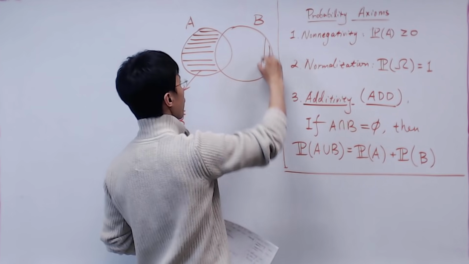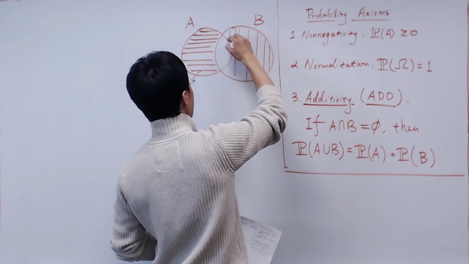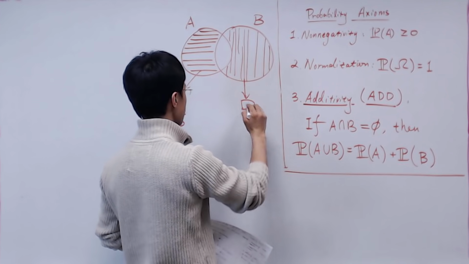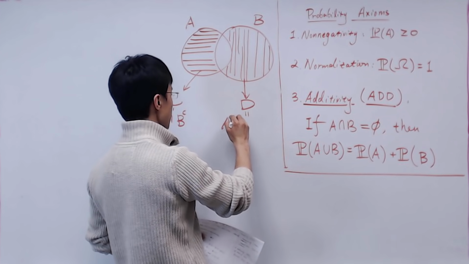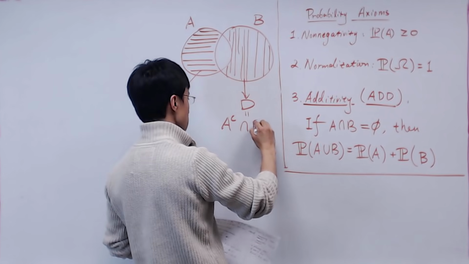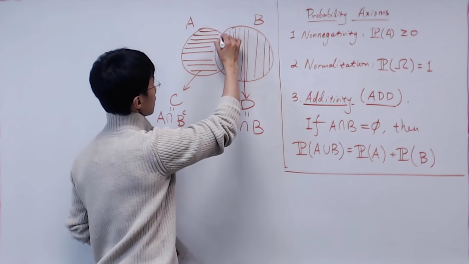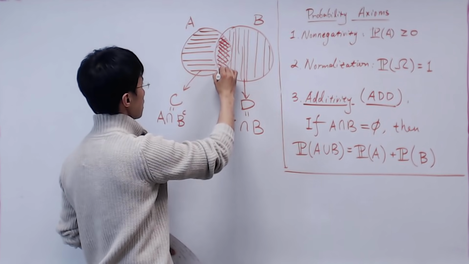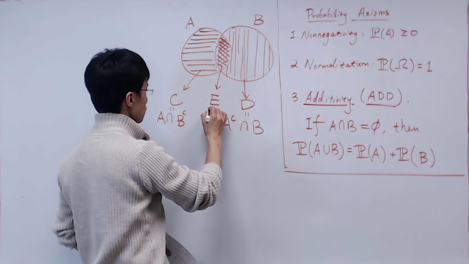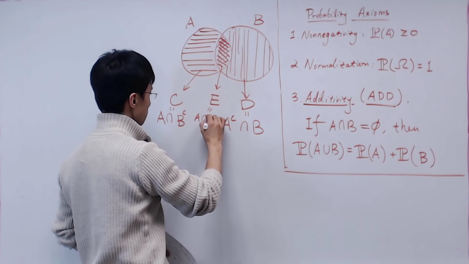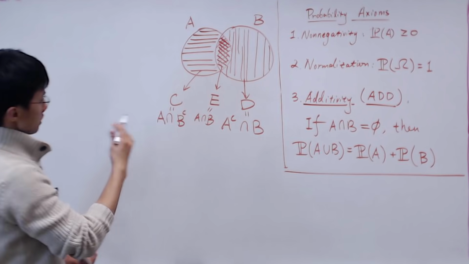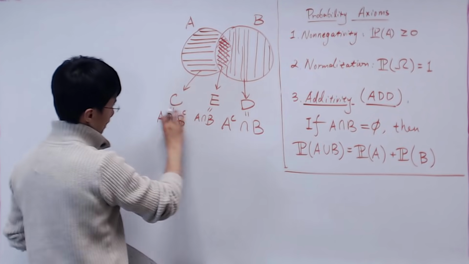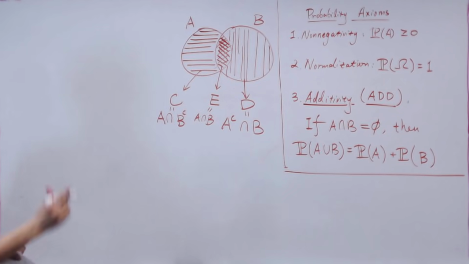Similarly, for all points that are in B but not in A, namely this area, we'll call it D, and D will be the set A complement intersection B. And finally, for points that are in the intersection of A and B, we'll call it E. So E is A intersection B. And for the rest of the problem, we're going to be using the notation C, D, and E instead of whatever is down below.